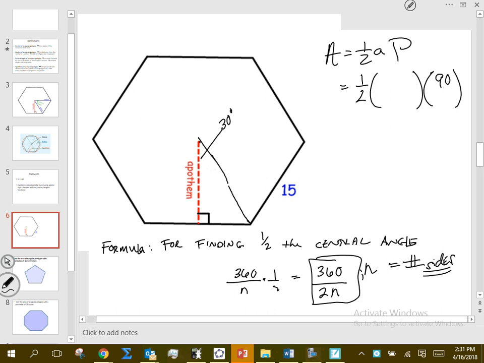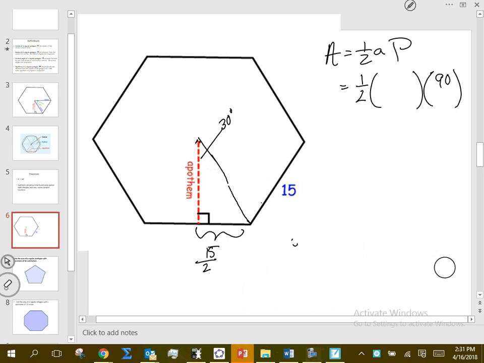What's nice about this is if that side's 15, what is this side here? 15. So going back to understanding that that apothem is the angle bisector, the vertex angle of an isosceles triangle, it does what to that 15 down here to make that distance right there? Cuts it in half. So if it's an odd number, we're just going to leave it as 15/2.